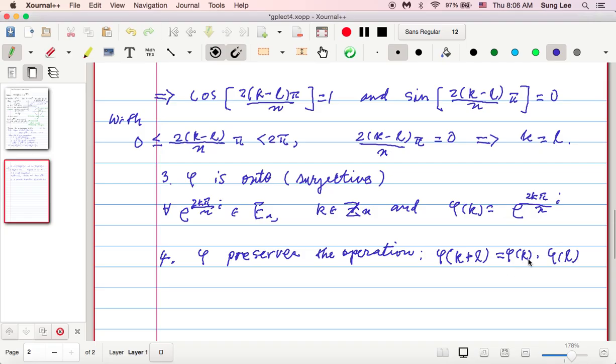Phi of k and phi of l are members of E sub n, which has the operation of complex multiplication. Whenever phi satisfies this condition, we say the map preserves the operation.